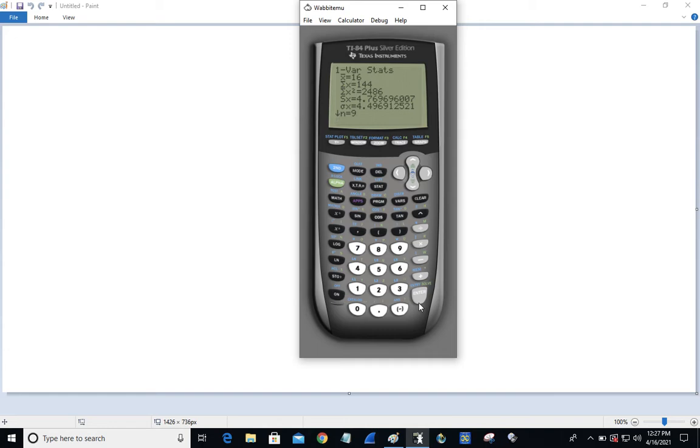It's going to start with your mean, and then at the very bottom, before you even scroll down, you're going to see sigma x. So the standard deviation of this data set is, let's go with 4.5. Does everybody see that on their calculator? Anybody see anything different?